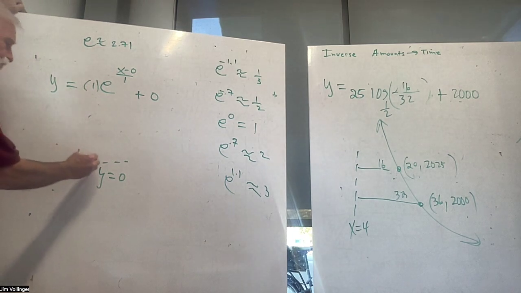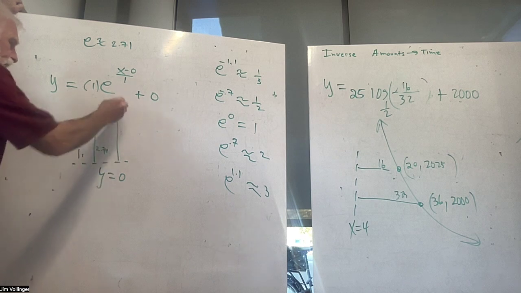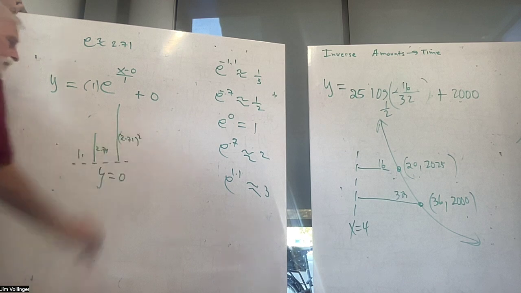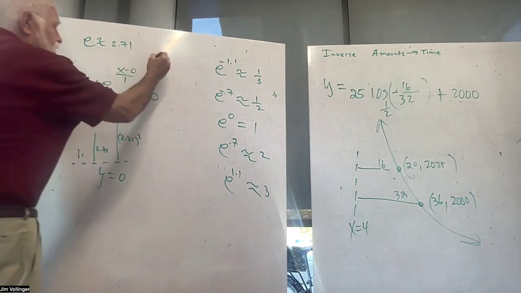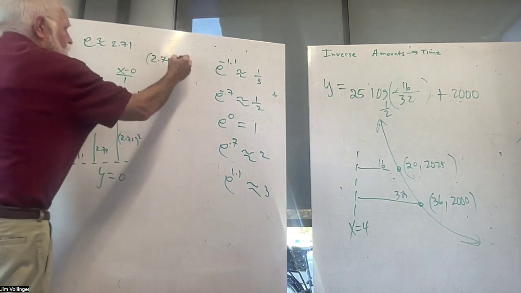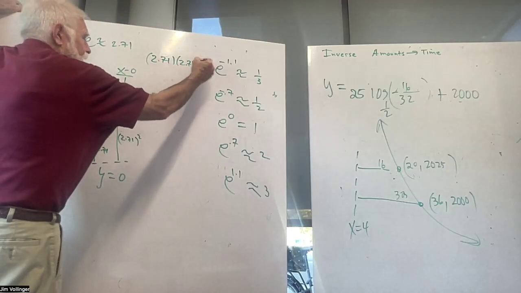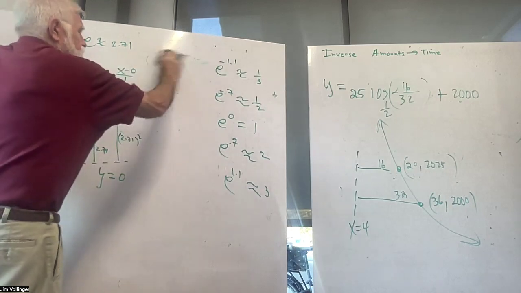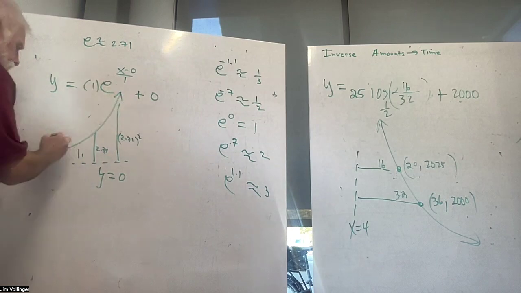My second jump is 2.71. My third jump is 2.71 squared. Okay, that's what e to the x is. It's 2.71 times 2.71 times a little less than tripling. Okay, I've got a function that's a little less than tripling. Certainly more than doubling. Okay, so it looks like this.